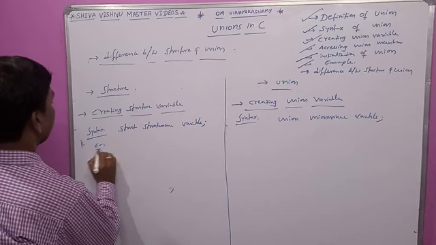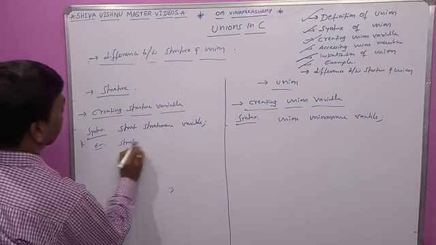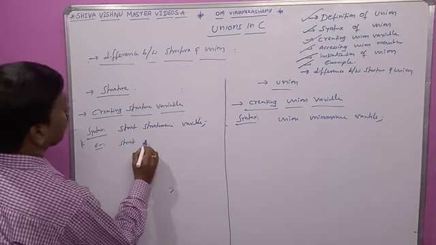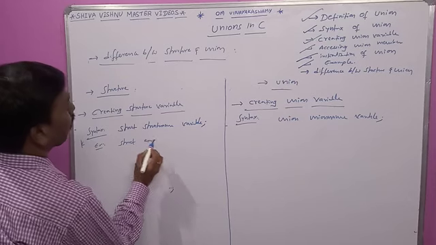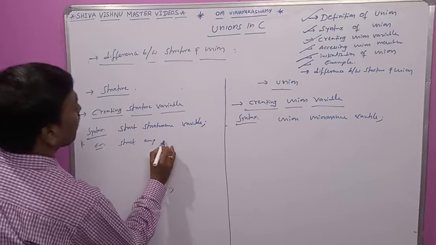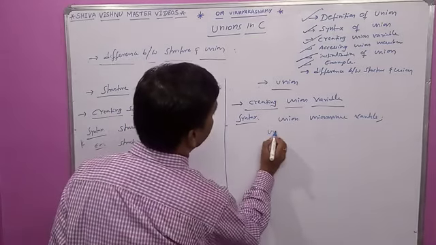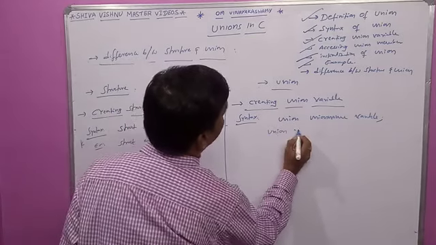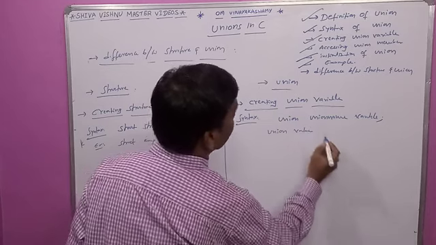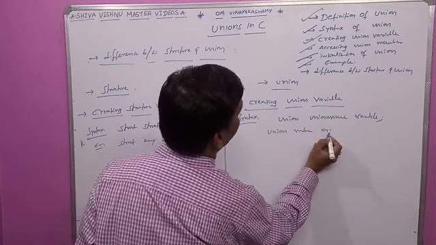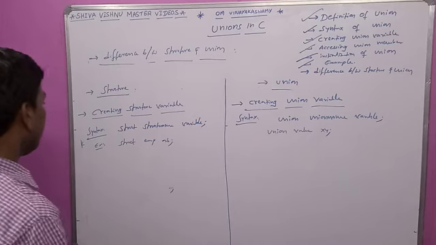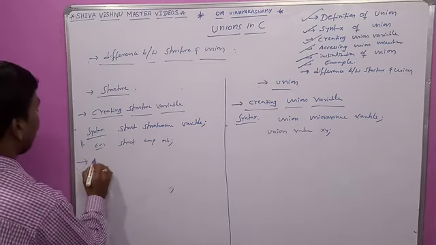You can write an example: structure name employee, emp is a variable, ab semicolon. Here you can see there is a union name, and you can take a value; here the variable is xy.